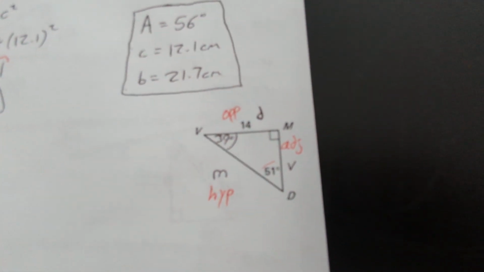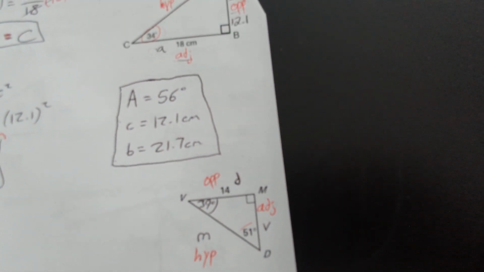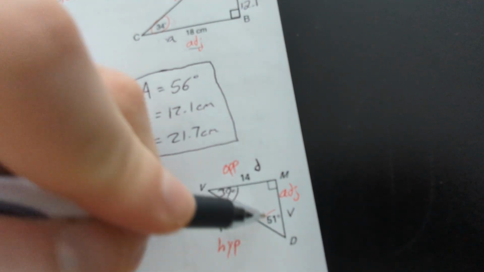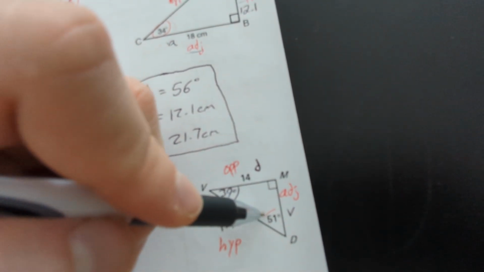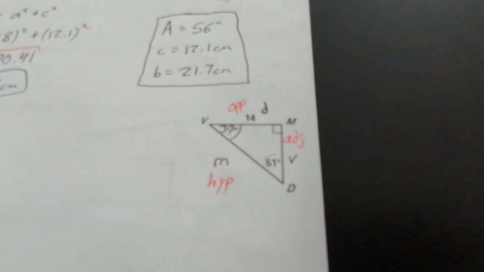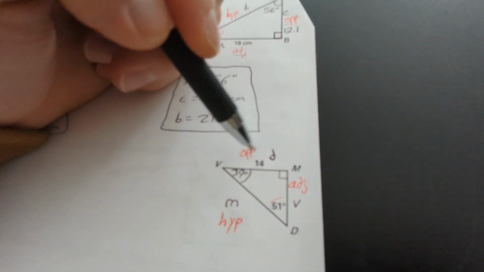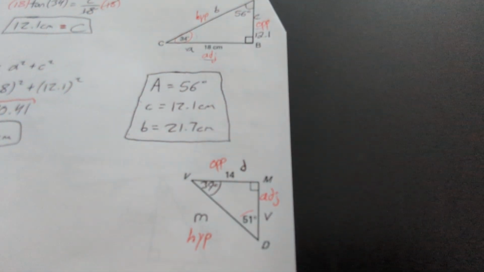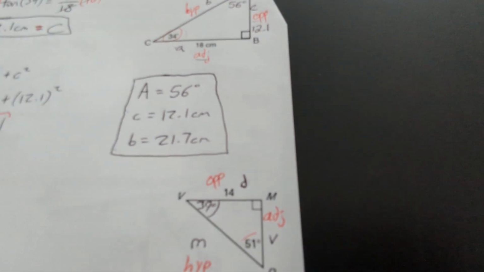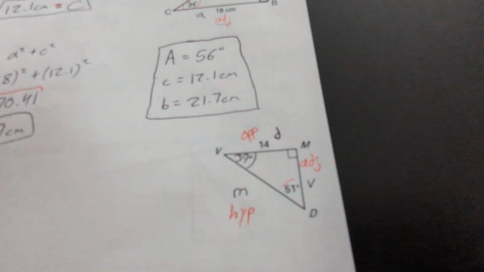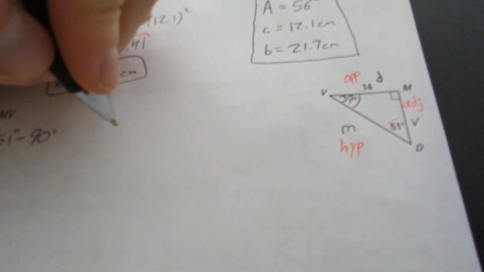And then just remember, we labeled this triangle based on the 51 degrees, right? Because opposite is across from it. So when we do our equation, we have to use that 51 degrees. And it's our choice if we want to solve for opposite, adjacent, or hypotenuse. It doesn't really matter here. Let's just solve for adjacent.